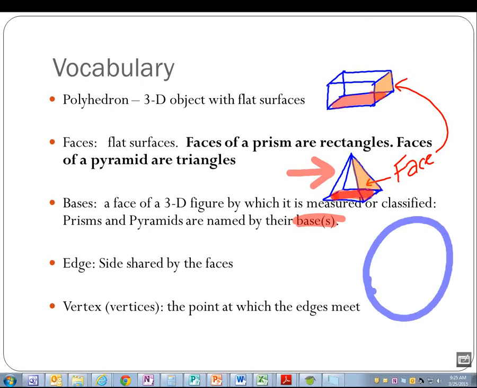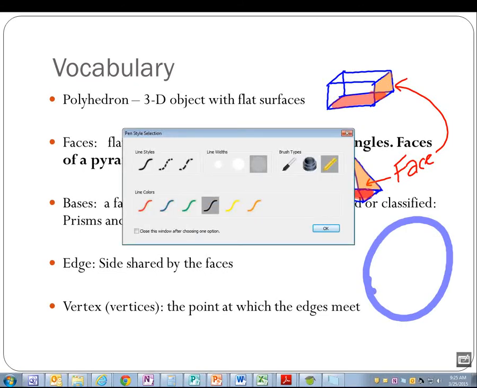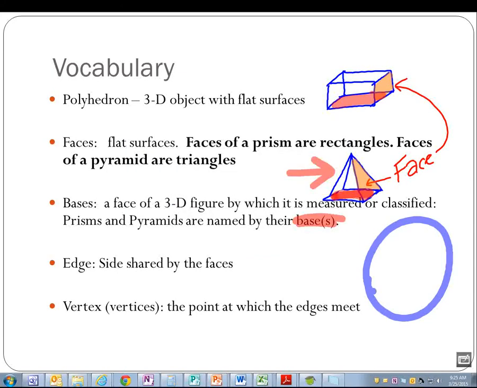That's poor English. So this is a zoom here of that little corner there. There. That's a vertice.